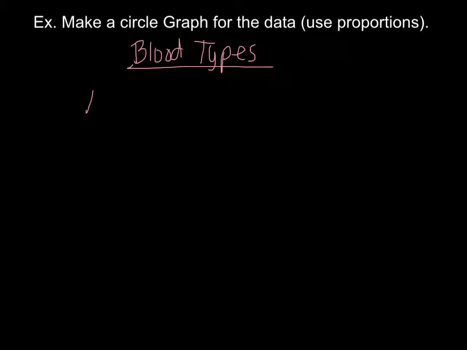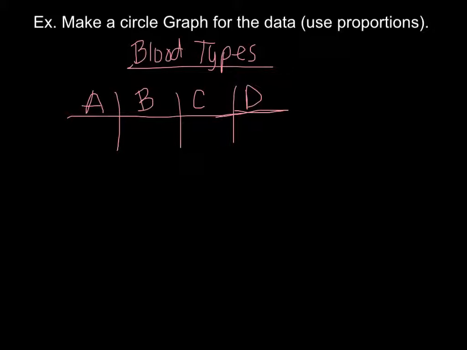So there are different blood types. We have blood type A, B, C, D. Oh, no, we do not have A, B, C, D. We have A, B. Our third type is AB.